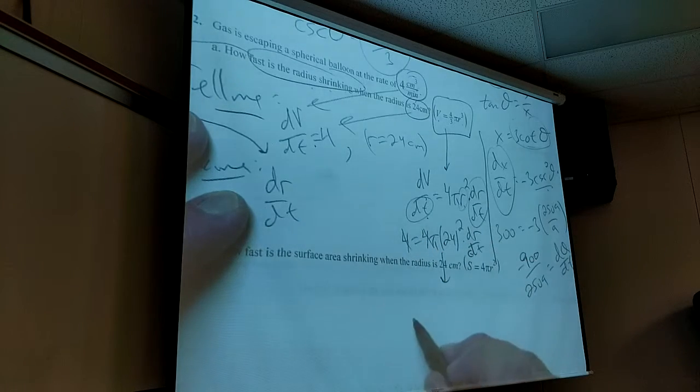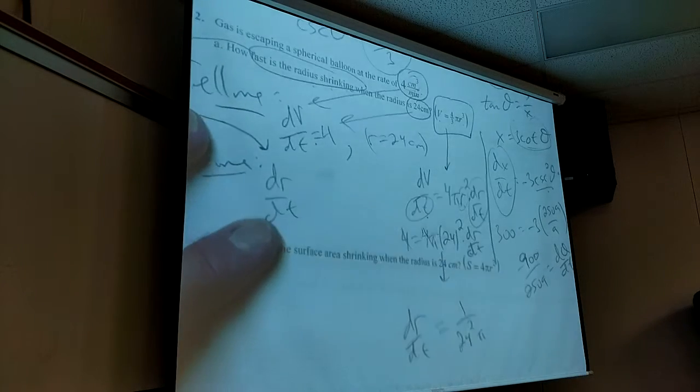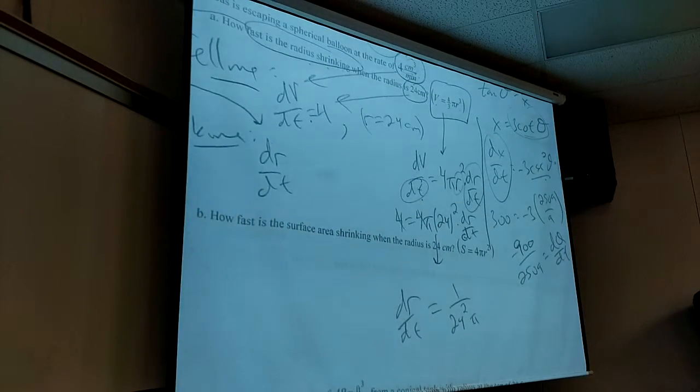I can divide by 24 squared pi. And whatever small little thing that's going to be, it's going to be tiny.